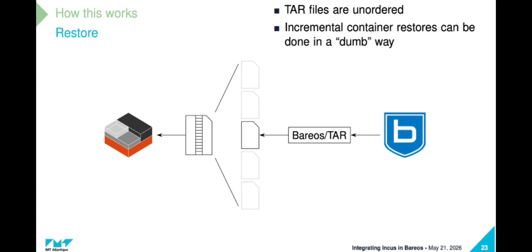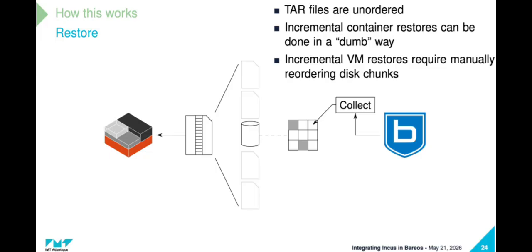Now, for virtual machines, it's a bit harder because when you perform incremental backups, Bareos restores the files in the order in which they were inserted in the Bareos database.